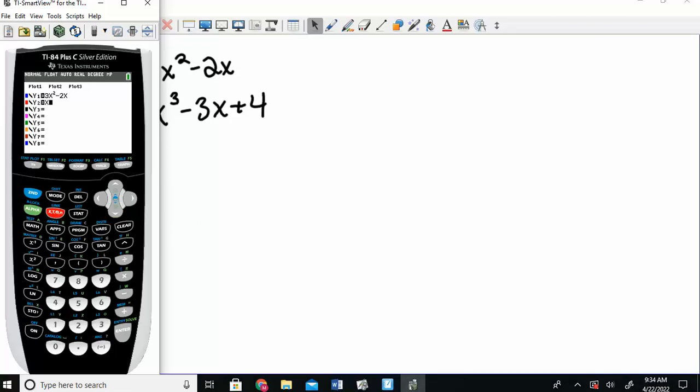My y sub 2 is the x cubed minus 3x plus 4. Here's my first one, a parabola. And then we have a cubic.